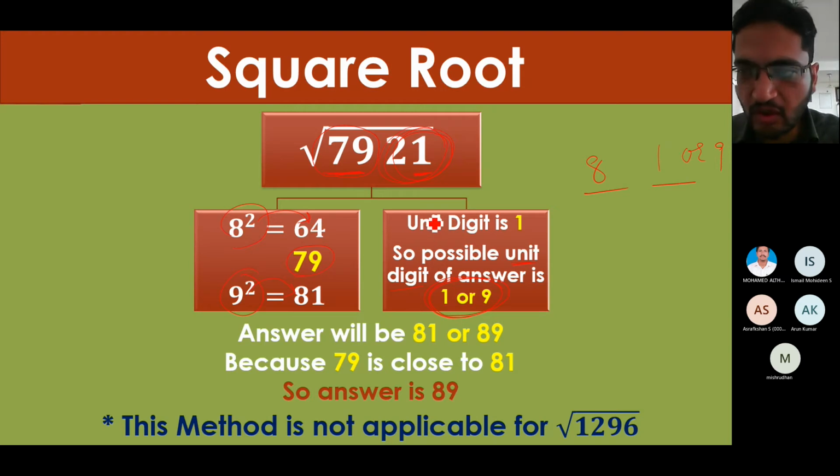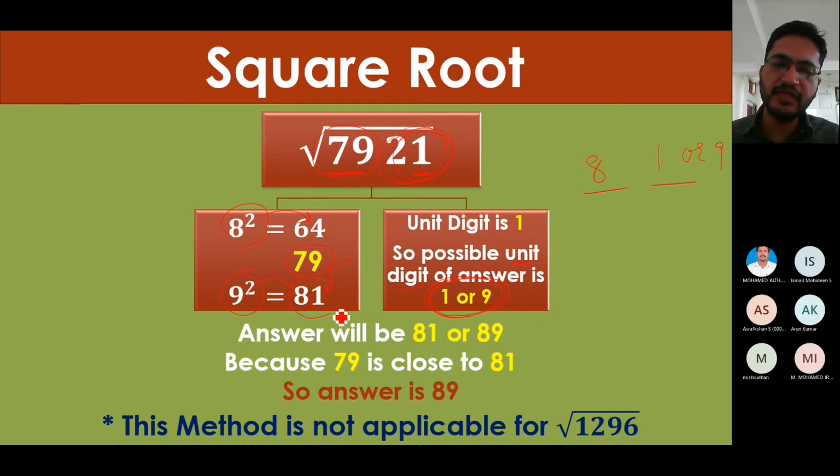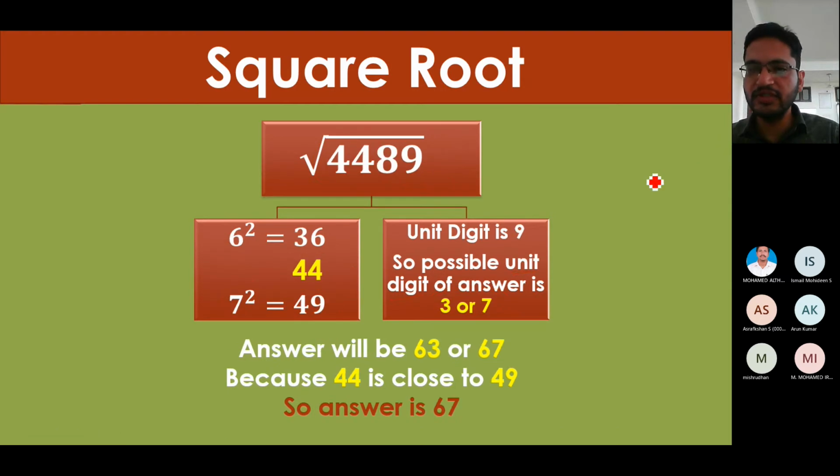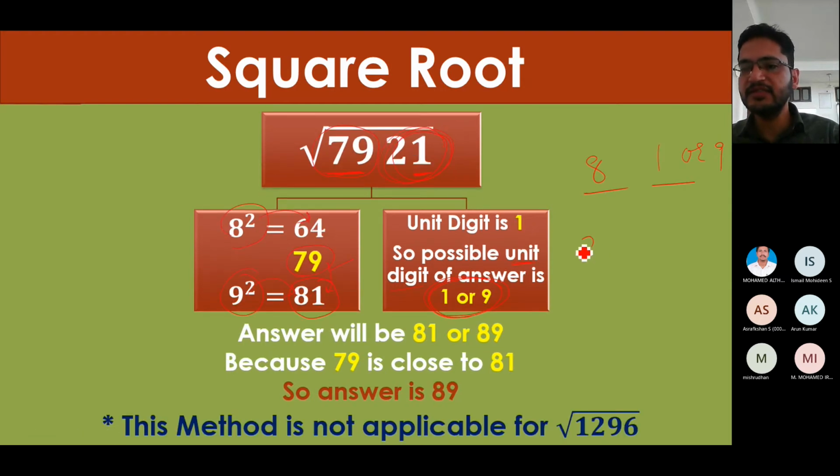Because this 79 is near to 81, which is the square of 9, the unit digit will be 9. So the answer is 89.